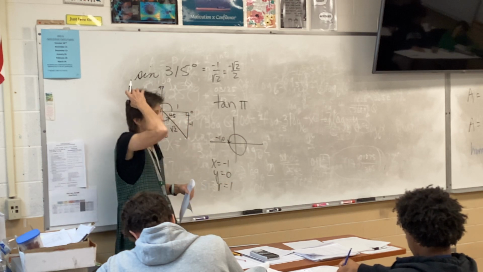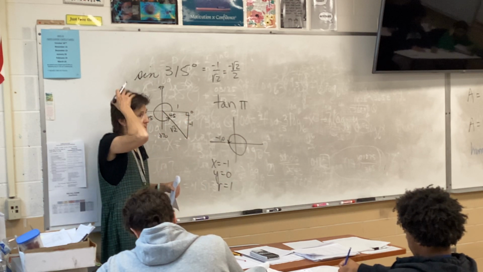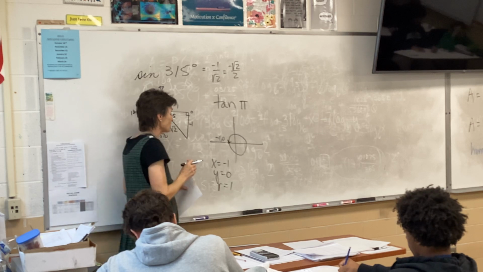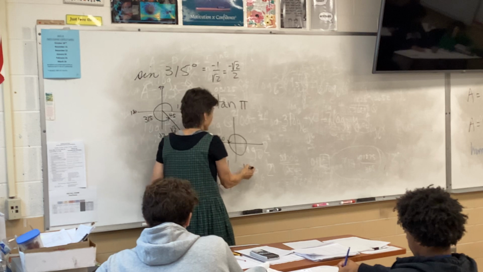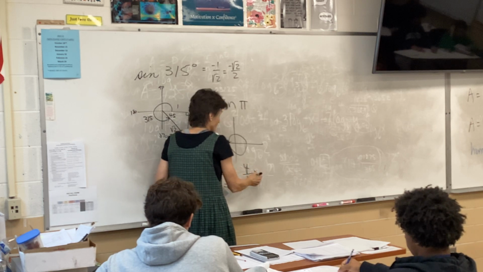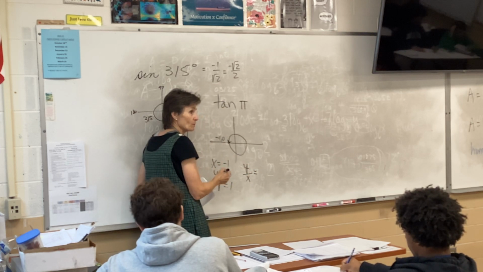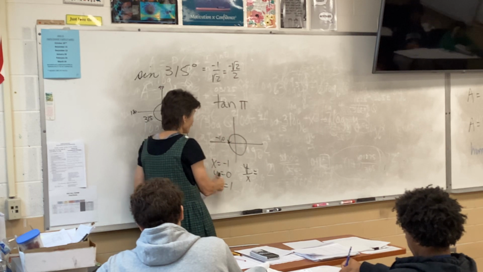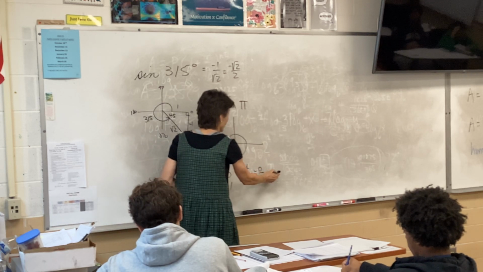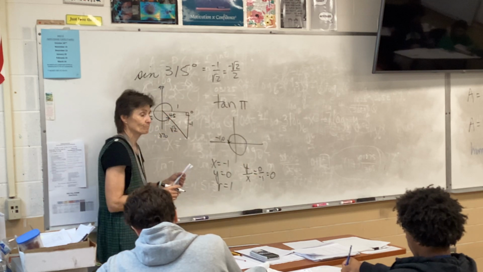That's my setup. And I want tangent. Tangent is y over x. You guys gotta memorize that. Remember the circular definitions, you gotta know them. Tangent is y over x, which is 0 over -1 or 0.